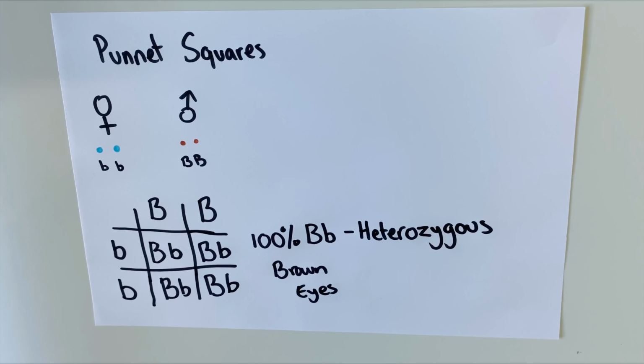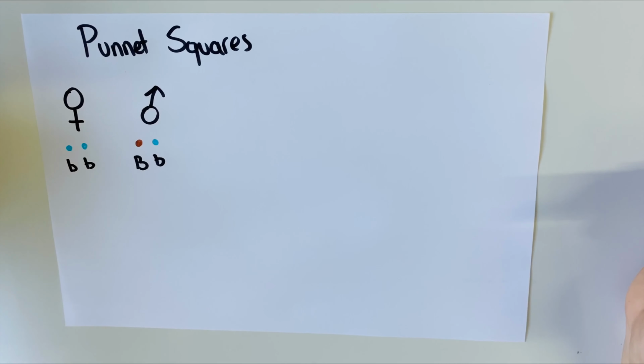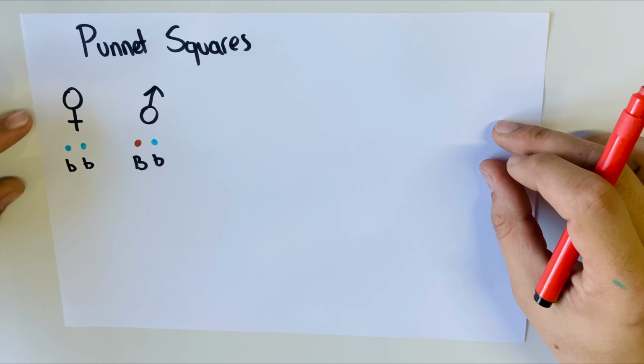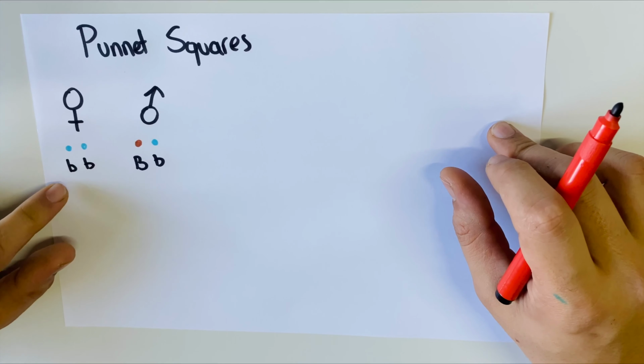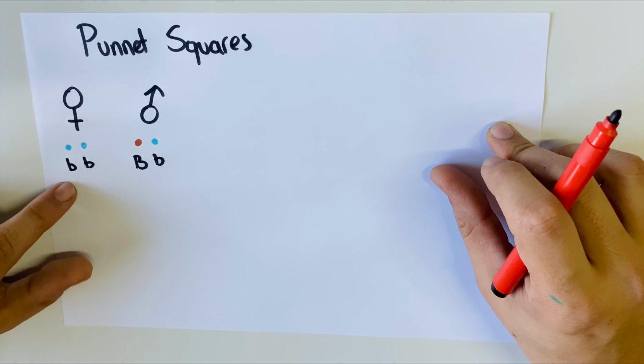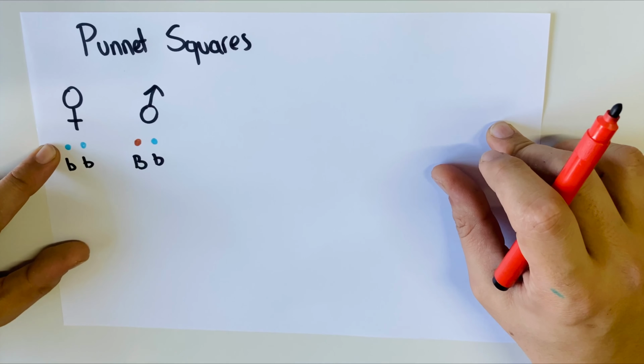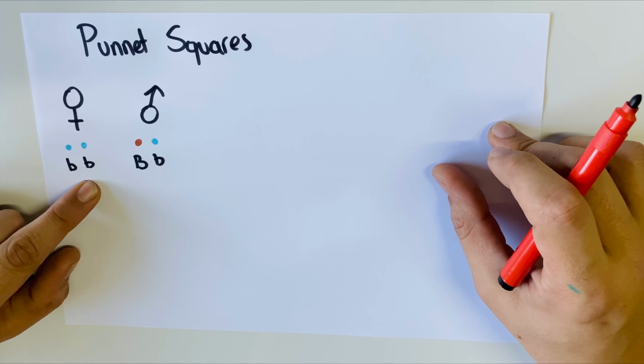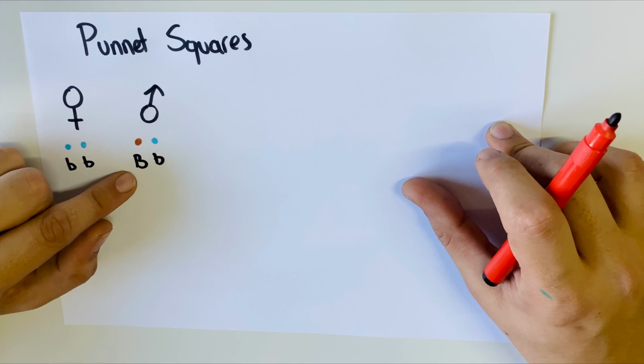So let's take a look at a slightly different example where we can look at the Punnet square for two different parents. We have the same mother and she is homozygous. So she's got two of the same alleles, little b, little b. So she's a blue-eyed mother, but we've changed the male here.